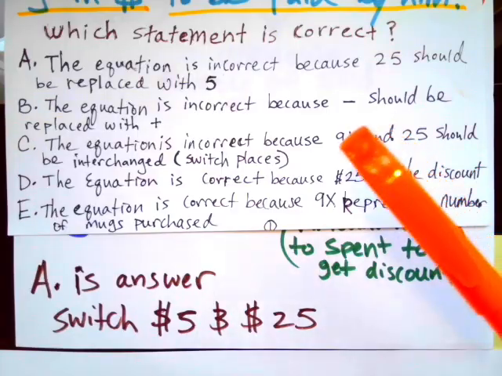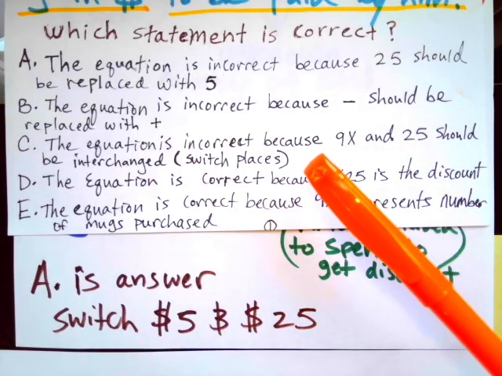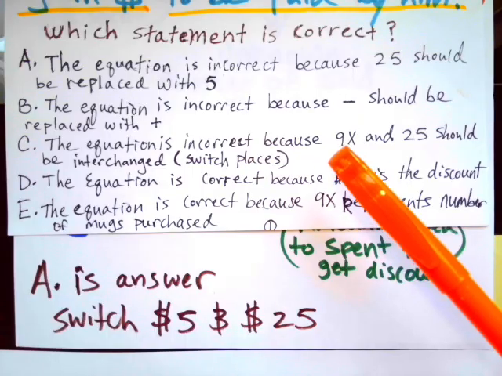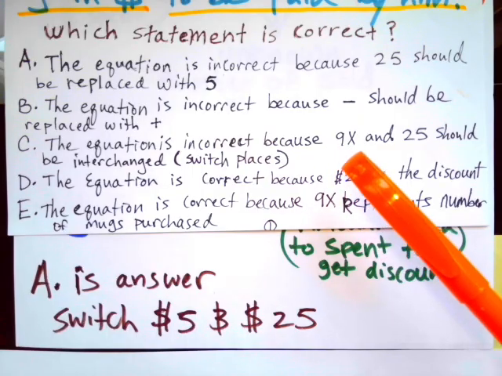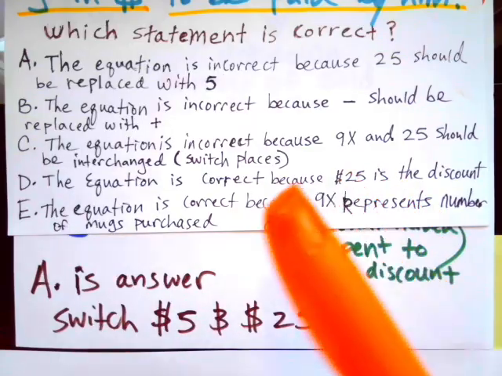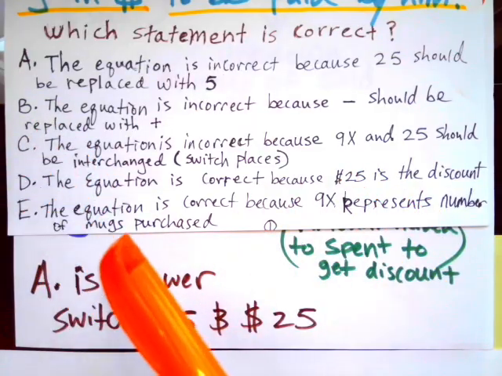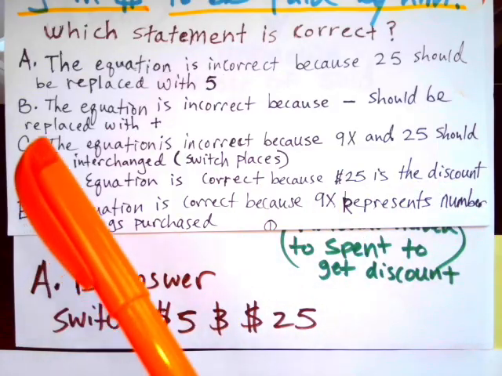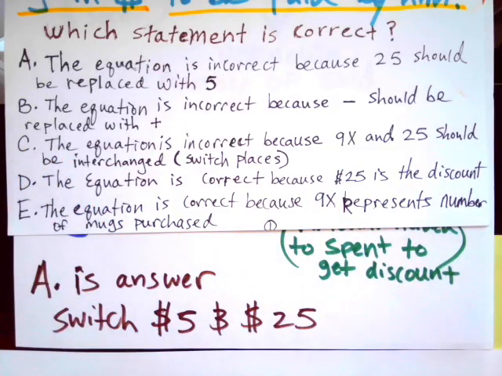So you have the $25 minus the amount of each mug times the number of mugs. Again, that just doesn't make sense to me. Cross off C. D, the equation is correct because 25 is the discount. Now, we talked about that earlier. The discount is $5, so you can eliminate D right off the bat.